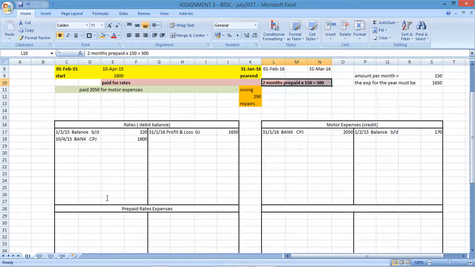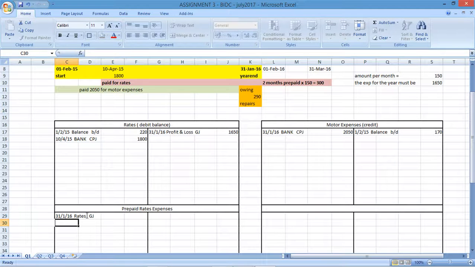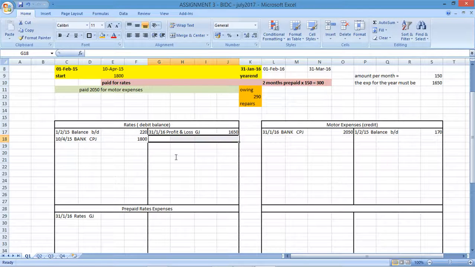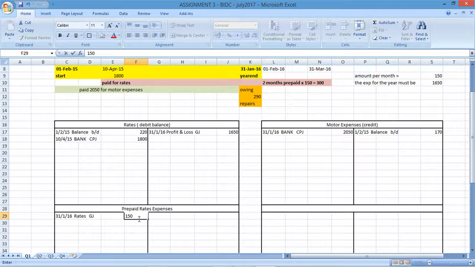So I'm creating 2 months, and I'm going to then create it at year end. So 31st of the 1st, 2016, this would have come from the rates account, general journal, and there would have been a prepayment that you're creating. So I'm crediting this account, and I'm debiting that account. And the amount here is 150 times 2, which is 300.